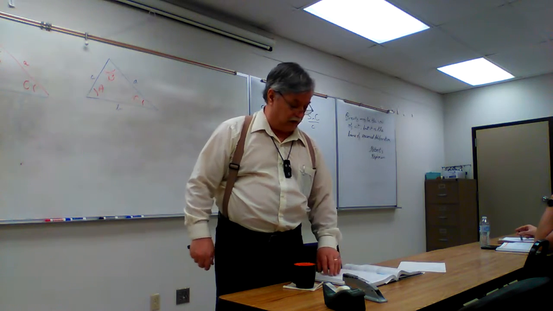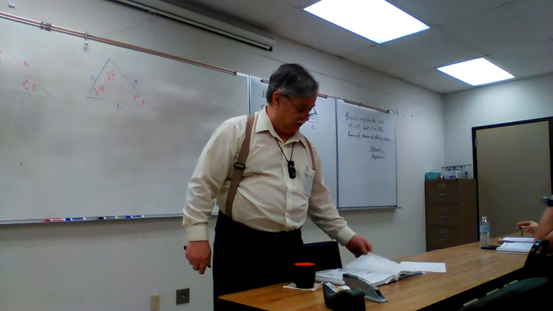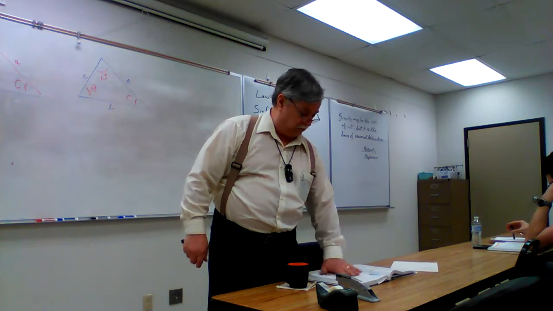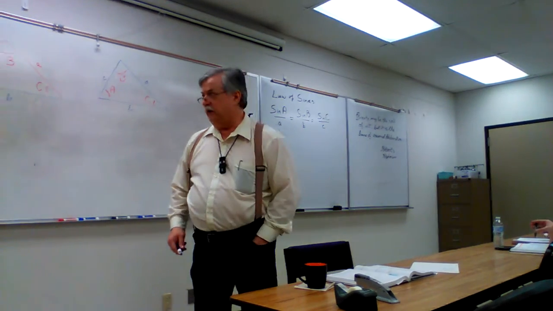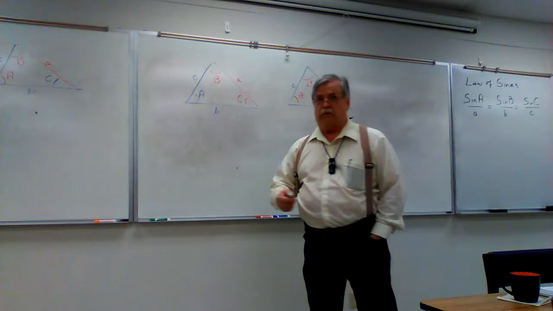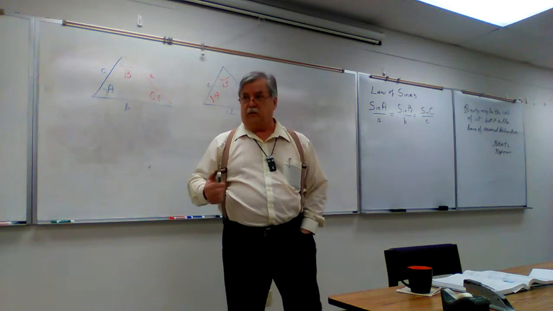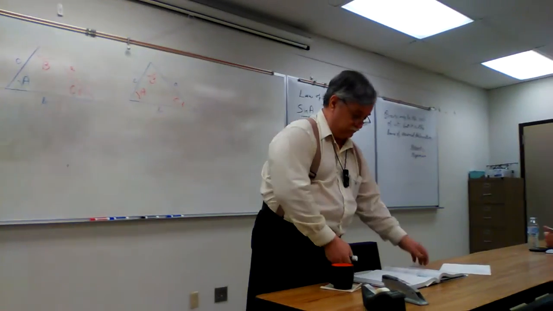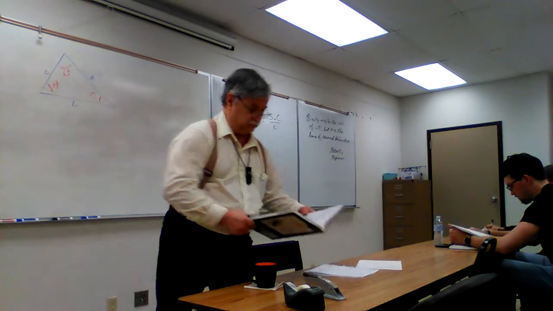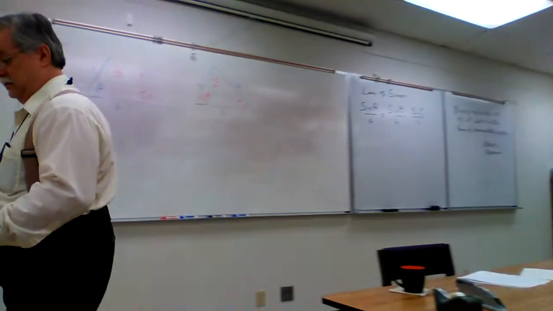Now we're going to look at how to use the law of sines to solve some of these triangles. But before we do, I want to work through the derivation of the law of sines so you can all see where it comes from. So let's start.